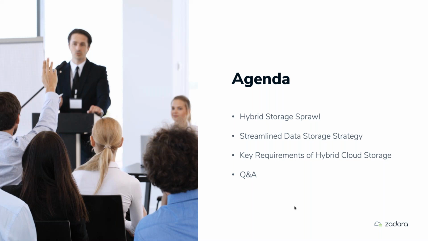And then we'll dive a little bit more deeply into that topic by highlighting a few key requirements for hybrid cloud storage. And then, of course, as usual, we'll leave some time for Q&A. Well, very good. I hope that makes sense to everybody. And without further ado, let's get rolling here.